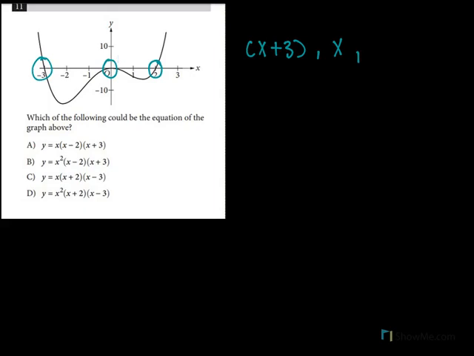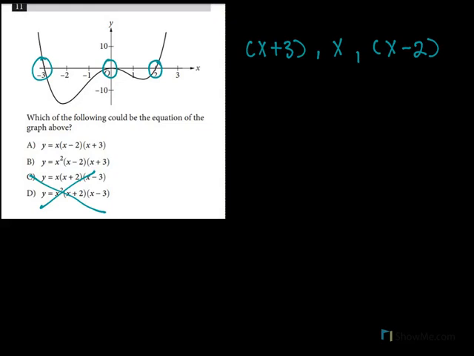We have x plus 3, just x for the 0 value, as well as x minus 2, because if x minus 2 is 0, then x would be positive 2. So let's check our answer options, and we can see that A and B both have the x plus 3, x minus 2, and x, so we can just cross out the C and D options.